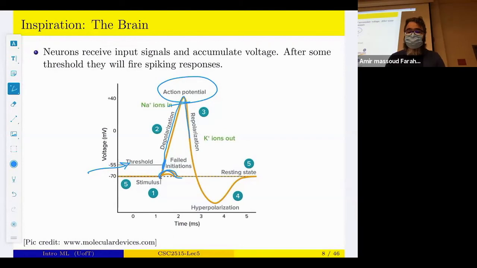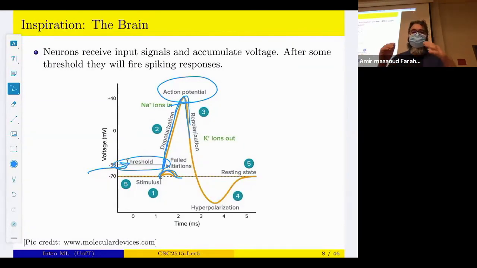So it may remind you, apparently not, that it behaves somehow like a real neuron: if its input, the stimulus, is strong enough so it passes the threshold, the neuron becomes active. And the level of activation, this action potential, would be independent of how much stimulus we have.